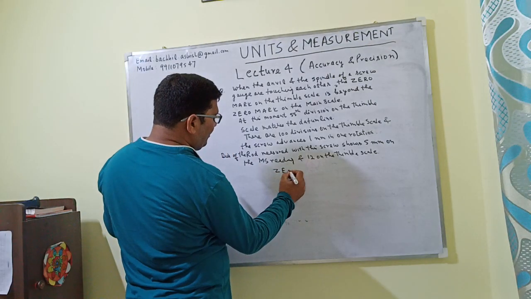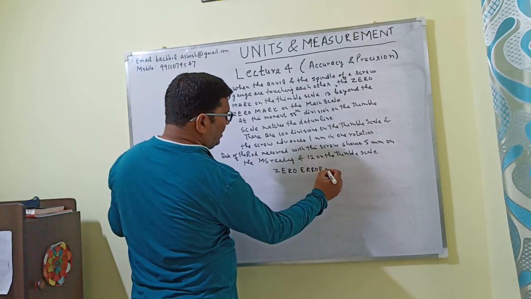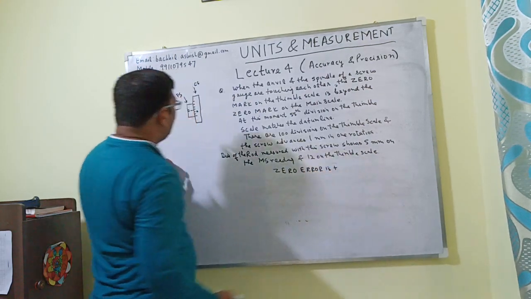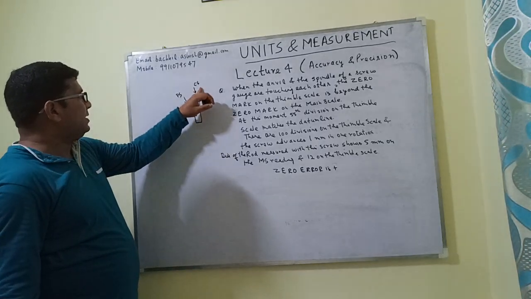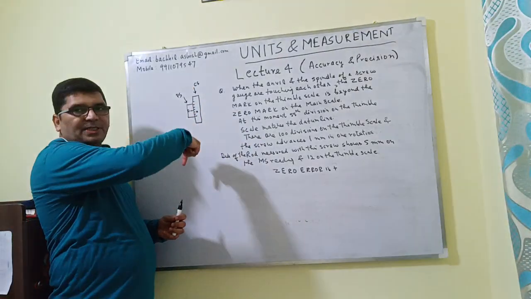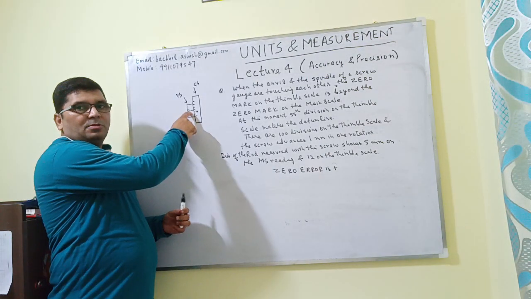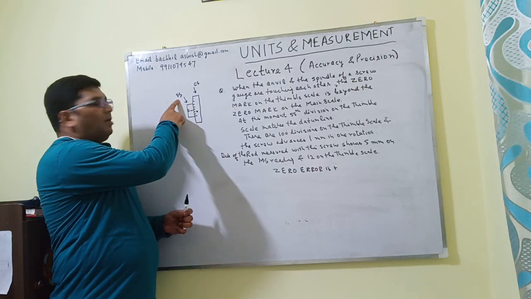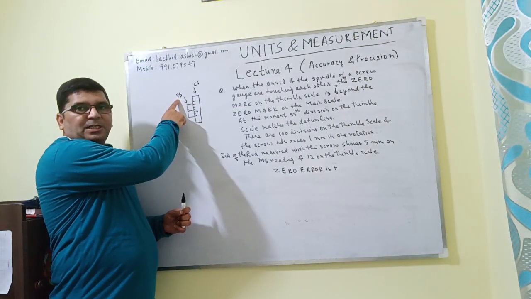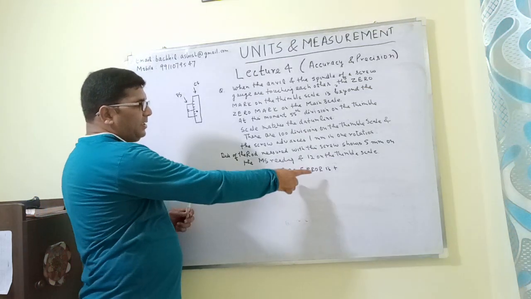Here the zero error is positive. That is when the 0 on the circular scale is on the downside with reference to the 0 on the pitch scale, then in that case the 0 error is positive.